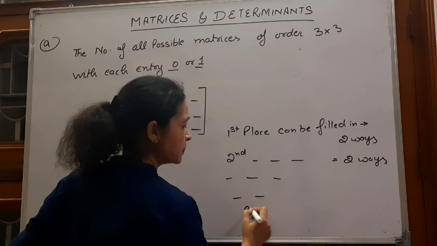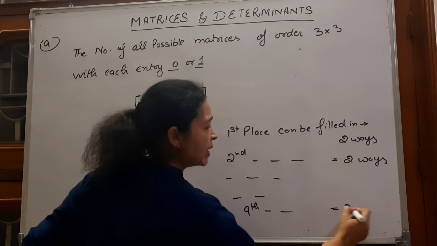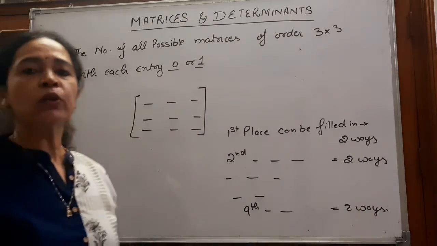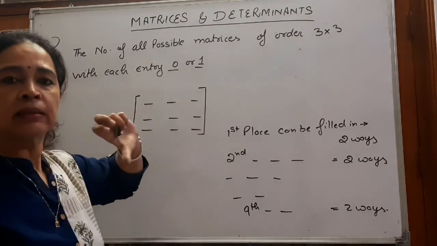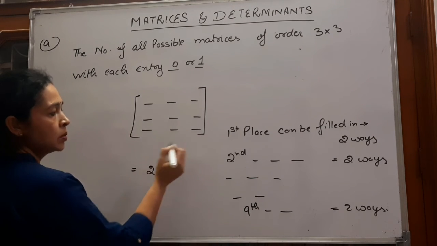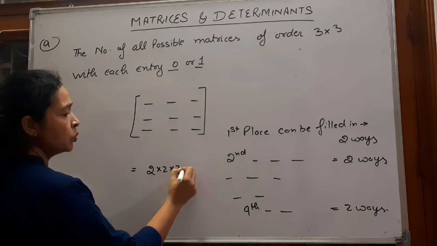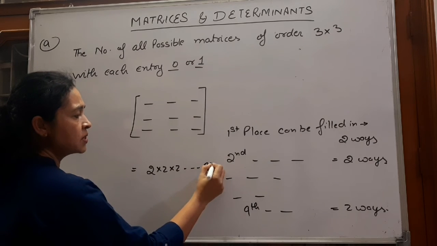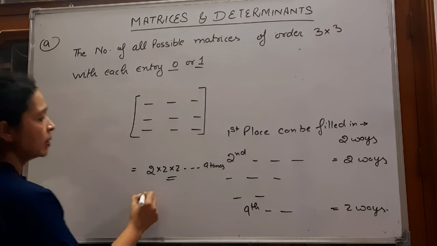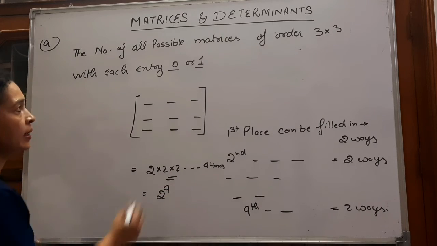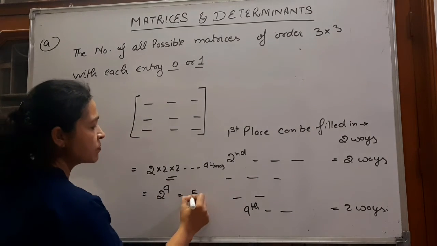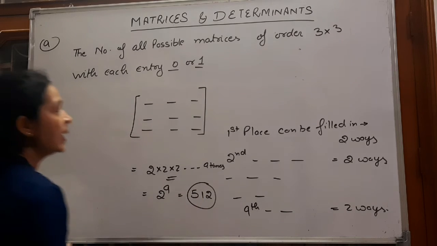All the 9 places can be filled in 2 ways each. So what will be the total number of ways to fill these elements? 2 into 2 into 2 up to 9 times. So how many matrices can we make? 2 to the power 9. The number of all possible matrices is 2 to the power 9, that is 512.